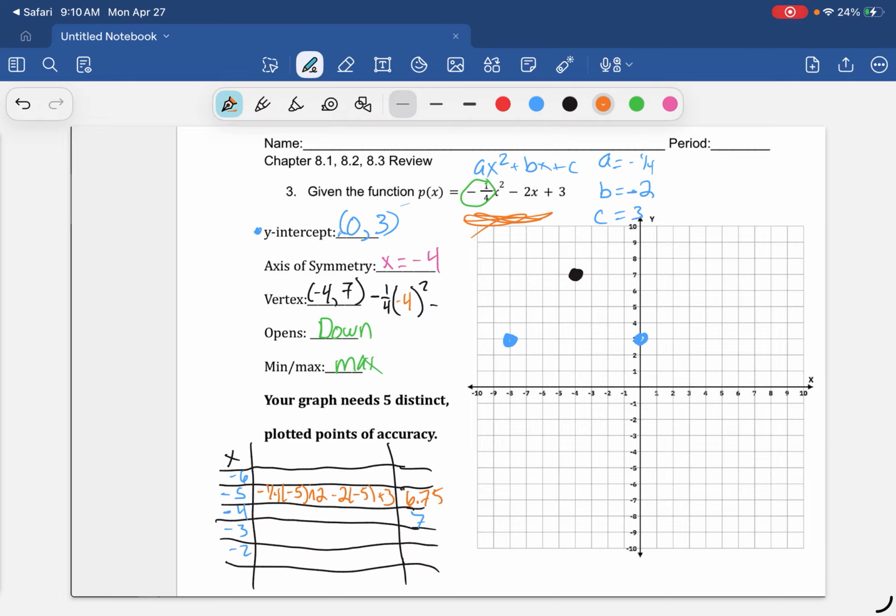Okay, and I would repeat this with -6. -1/4 times -6 squared minus 2 times -6 plus 3. Okay, and that gives me 6.